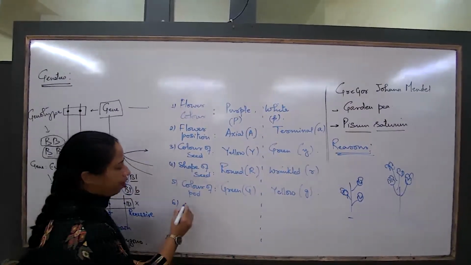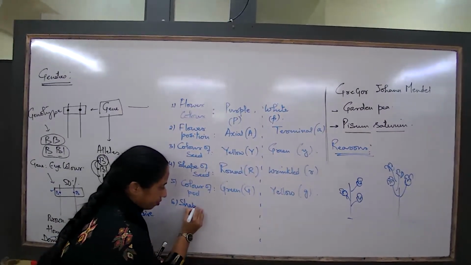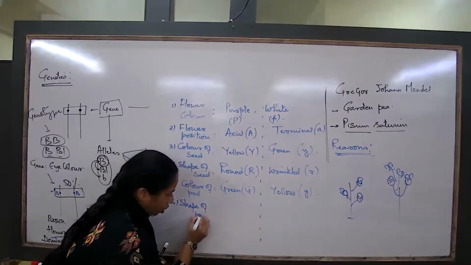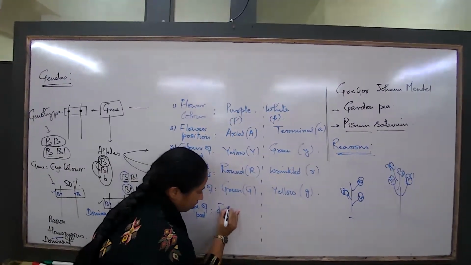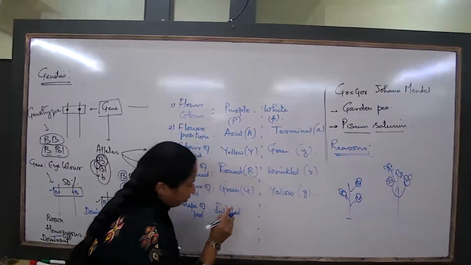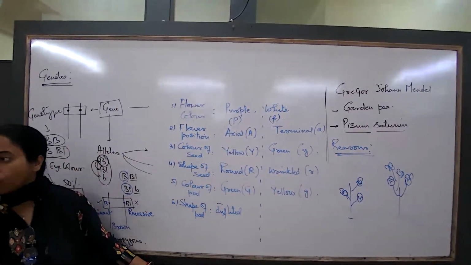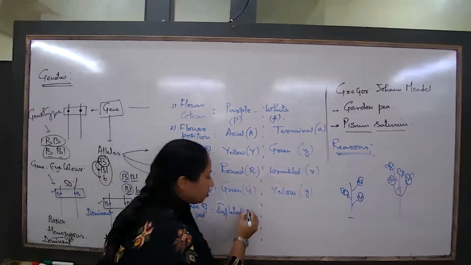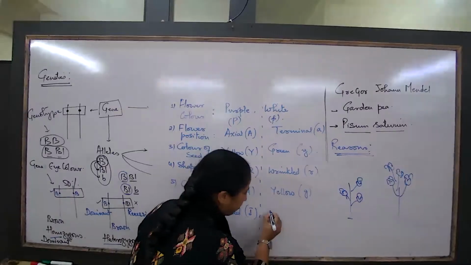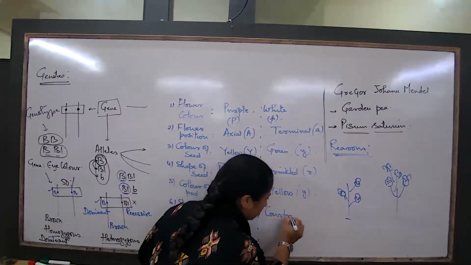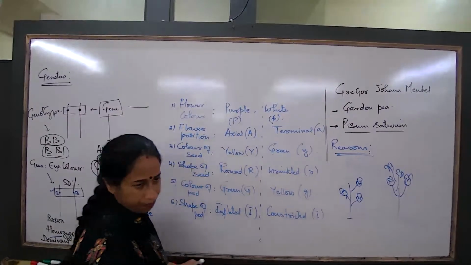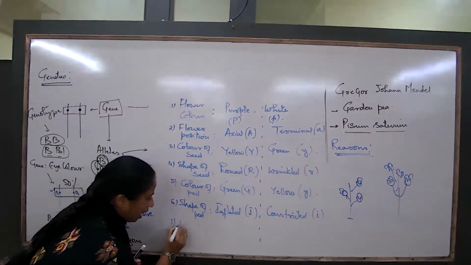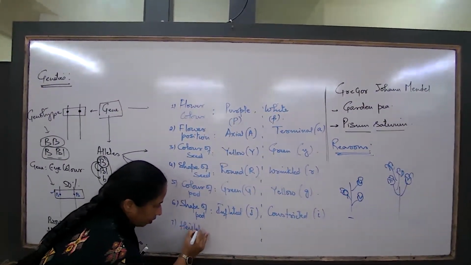Next is shape of pod. What are the shapes? Inflated. Inflated is dominant, we are writing it first. So how should we designate inflated? Capital I. Constricted, how will we designate? Small i. The last one is height of the plant.